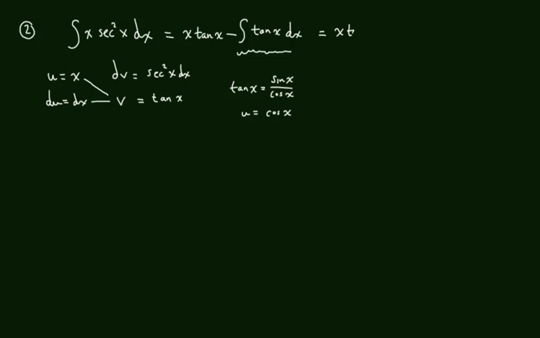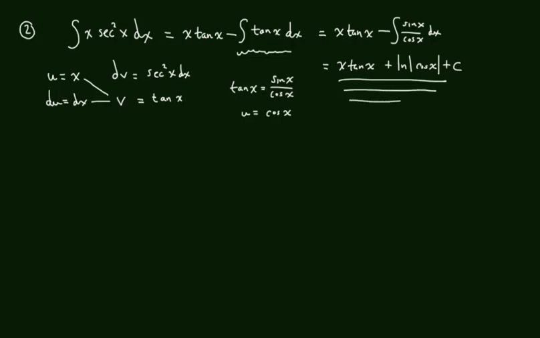So first I have x tan x minus the integral of sine of x over the cosine of x dx, and then again with my u substitution, it turns out that I'm going to have negative 1 over u, so this becomes x tangent of x plus the natural log of cosine x plus c. And here is our answer to the problem.